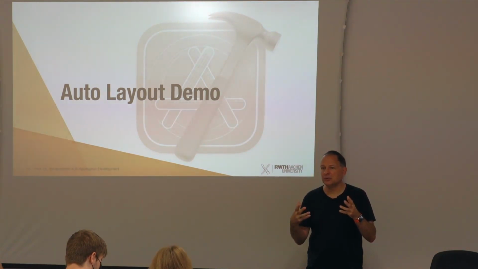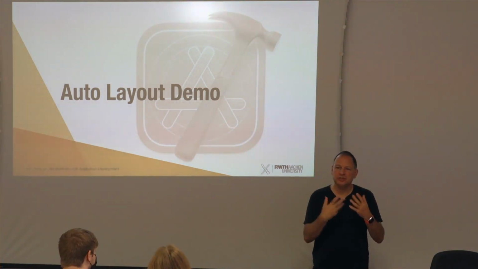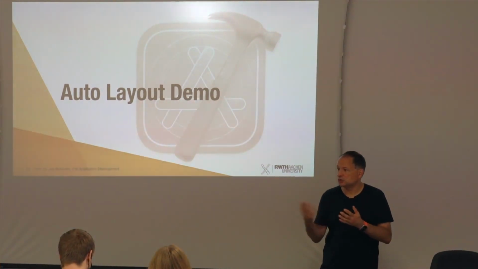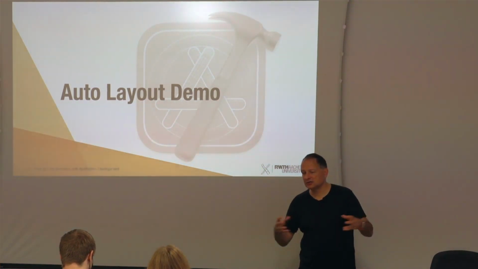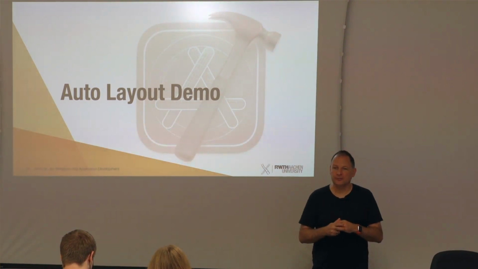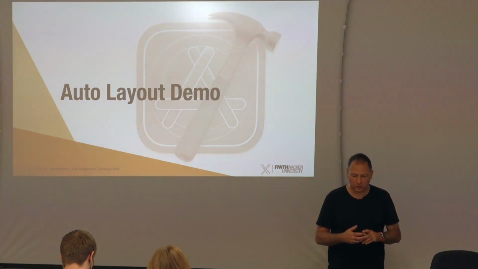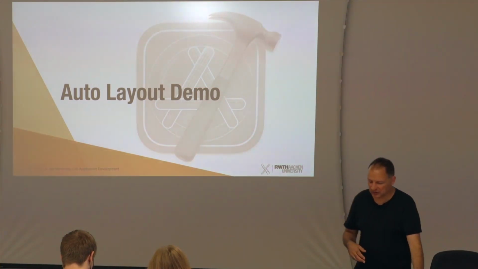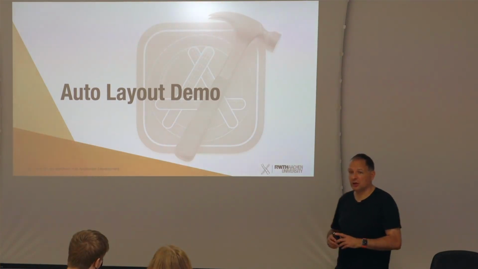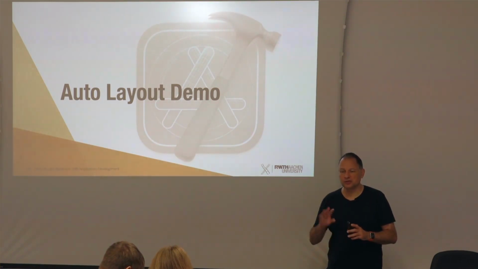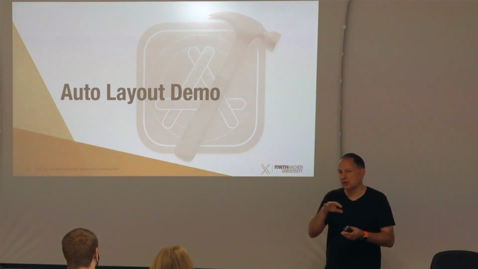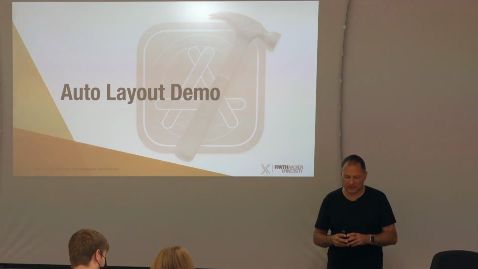And somehow you need to define as a developer what should be happening to your UI. Right? Where should buttons go? Should they resize? Should they scale? Should they move? And auto layout is what helps you really do this nicely. And if you do a good job with your auto layout, then your UI will always look very polished, no matter what screen size it's running on, what orientation the screen is at.